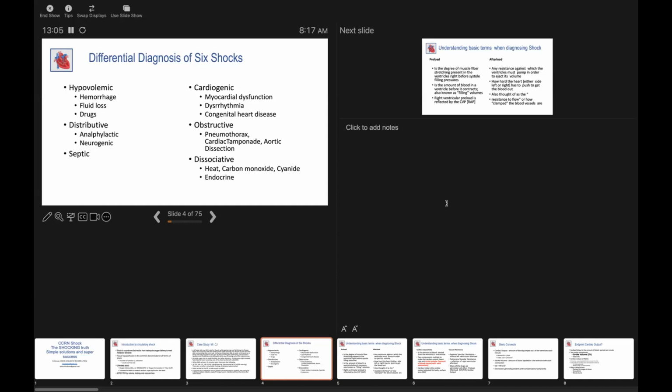Okay, so pneumothorax, hemothorax, massive PE, cardiac tamponade, aortic dissection, all forms of obstructive shock. Obstructing the outflow of blood. Okay, because there's pressure on the ventricles and they can't fill, or because there's obstruction to ventricular ejection. Okay. Everybody with that? Yeah.